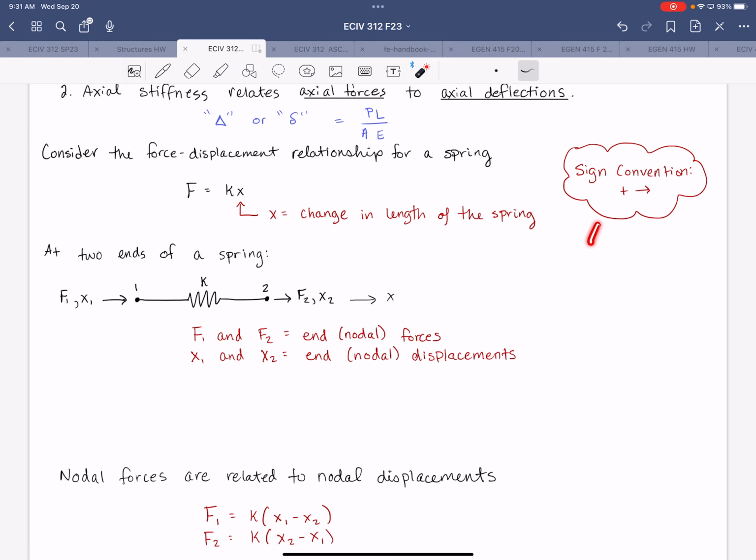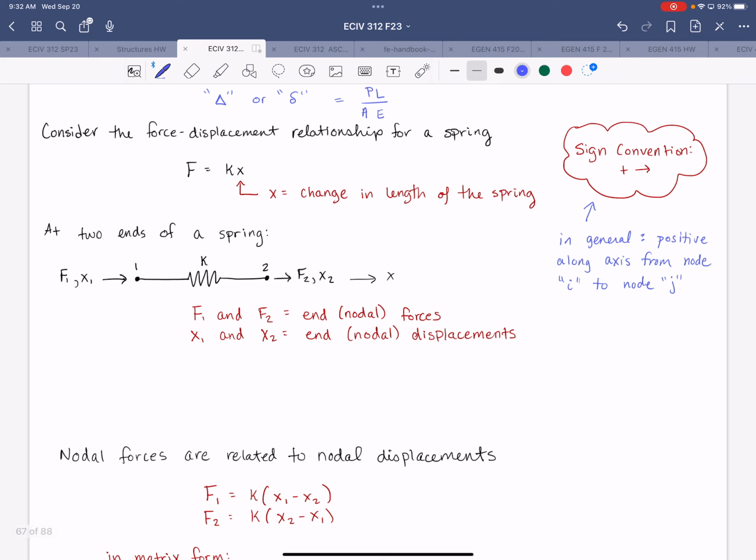In general, I'll make a note here. The positive direction will be along the axis from node I to node J, where I specifically is the lower numbered node.